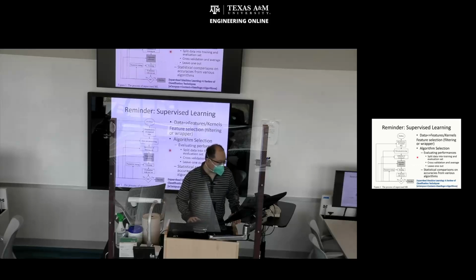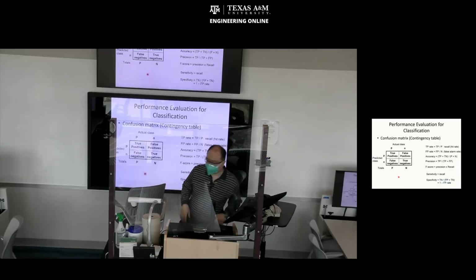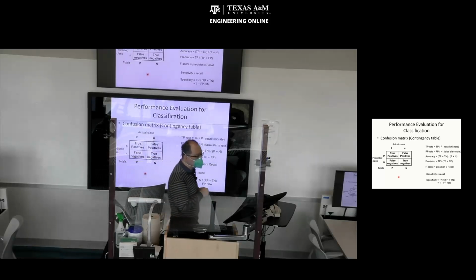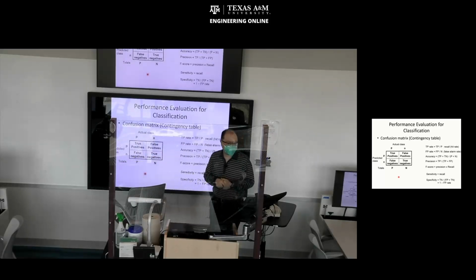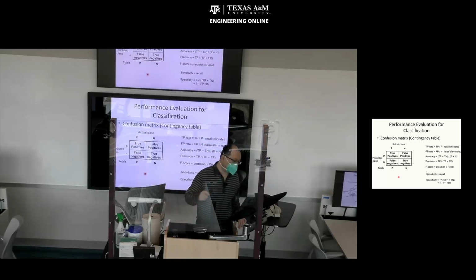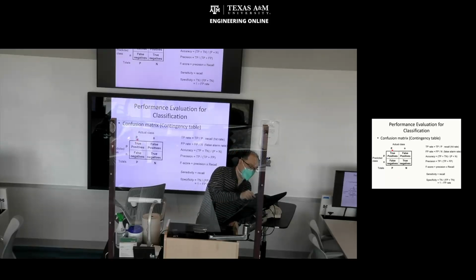So yes, as we said before, you're going to evaluate with a validation set or the development set. So the first one, just like Nami said, is a confusion matrix or the contingency table, right? So what you do is you first split your data into positives or negatives based on the actual class.